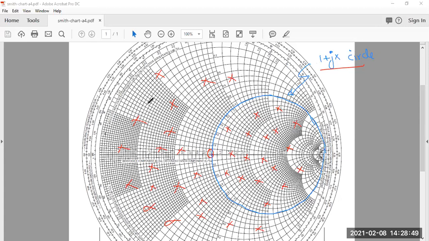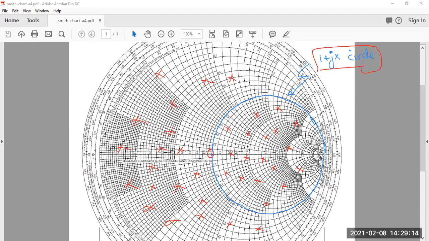If you compare this method with the analytical method, you can clearly see that I am not using any equations. My selection is done on the basis of visualization. I just need to find out where the normalized load is with respect to this circle.